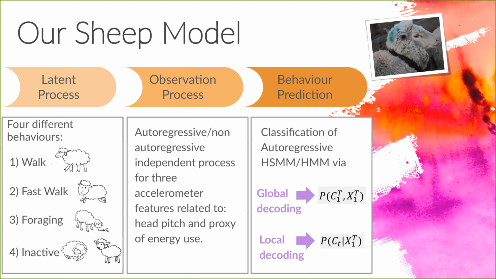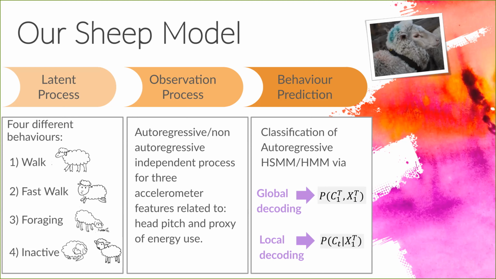Now, I'm going to show you something of the models that we use to analyze our real data. So to classify behavior from the acceleration features, we proposed 4 different models, 2 HMMs and 2 HSMMs.